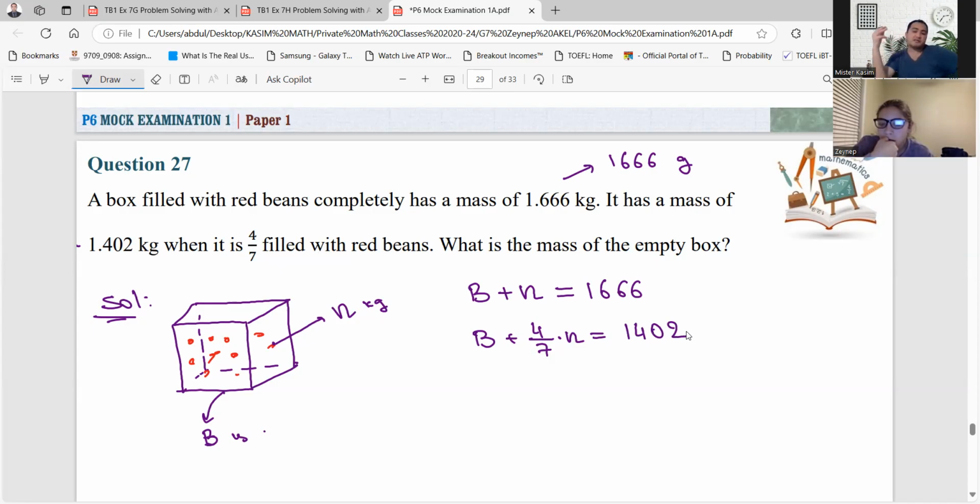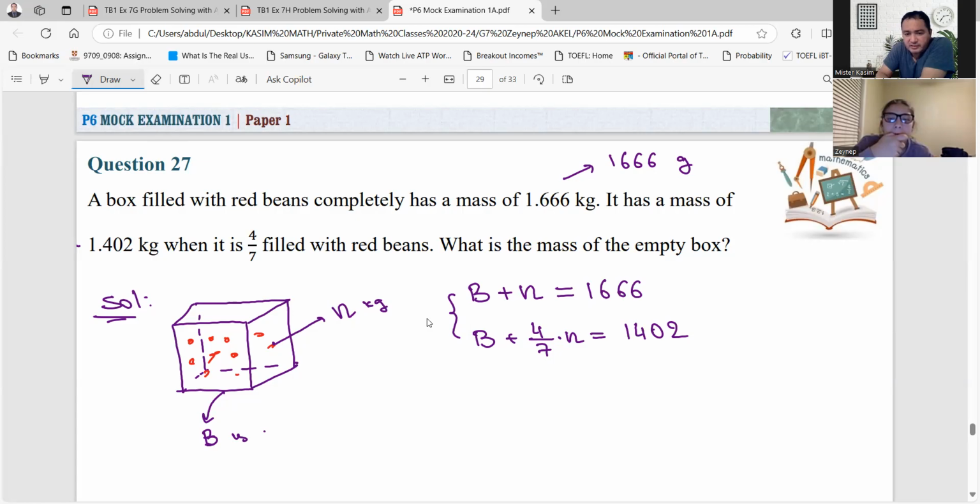I mean, how we are setting up the equation, that's what I'm trying to teach you here. That's the most important part, understanding the problem and translating the word problem into equations. And next thing is we need to solve this together. Now, how do we solve this? By elimination.